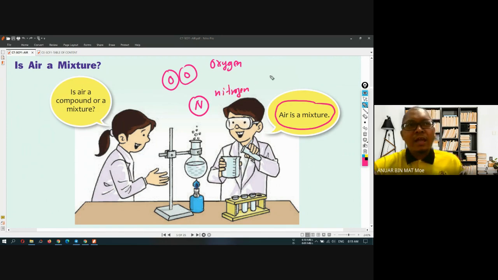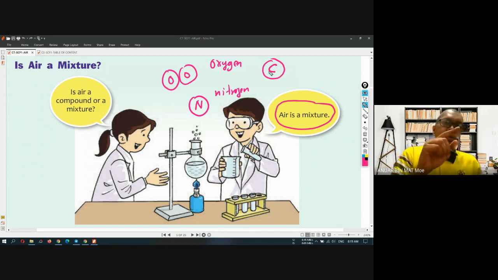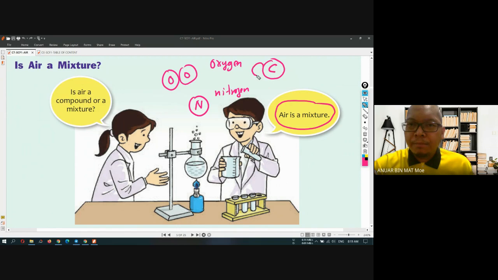And then what else? Nitrogen, oxygen, and then carbon dioxide, this one, CO2. Okay, this is carbon dioxide.